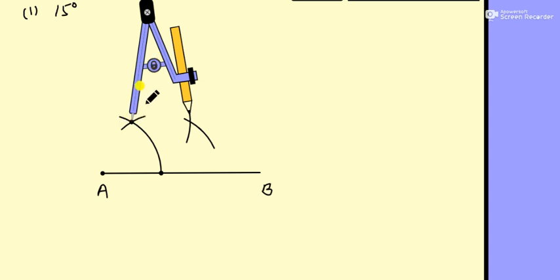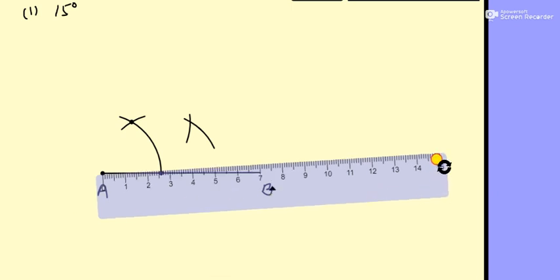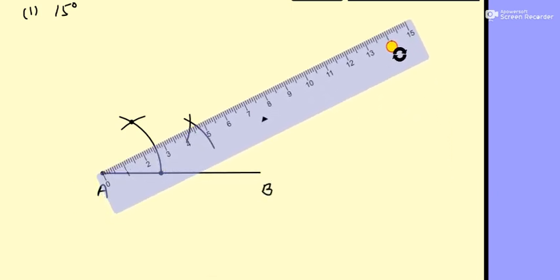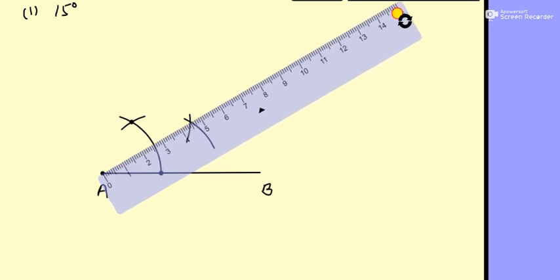This type, and remove the compass and take the scale and draw a line like this.